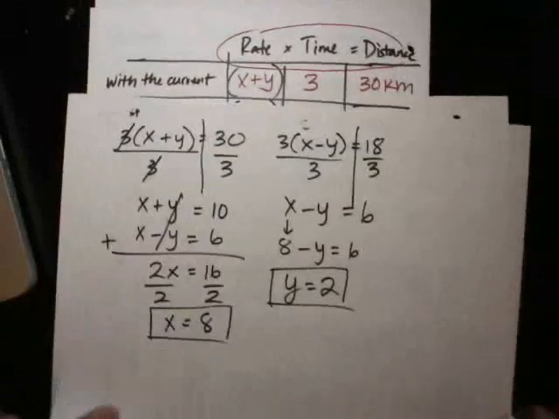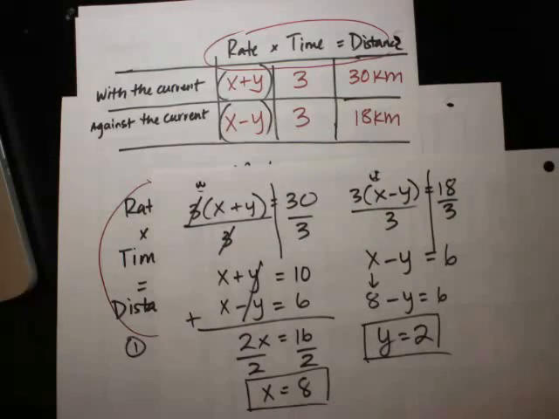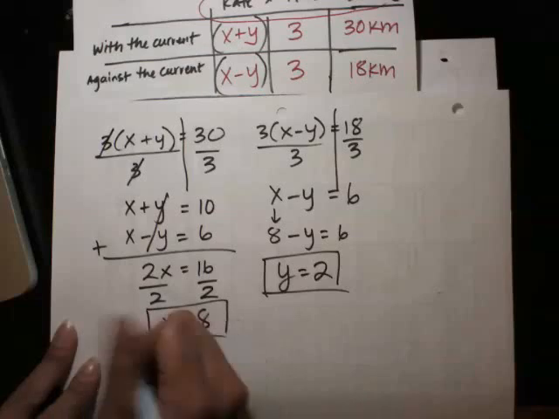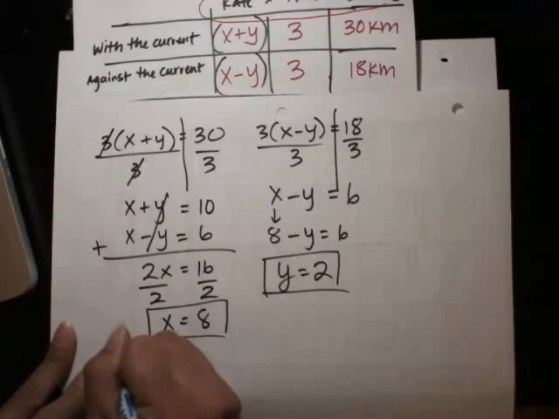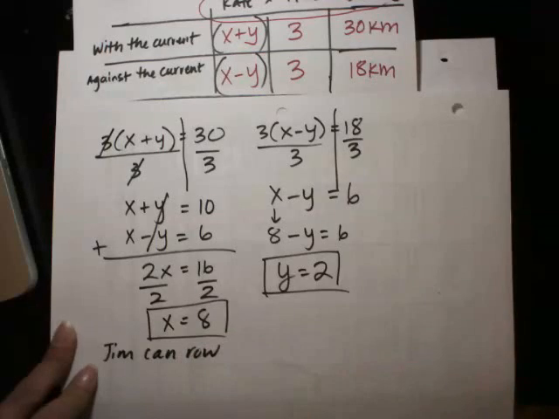The problem asks for the rate that Jim is swimming in still water, or that he is rowing in still water. So we can say that Jim can row, and again we need to figure out what the unit is going to be.